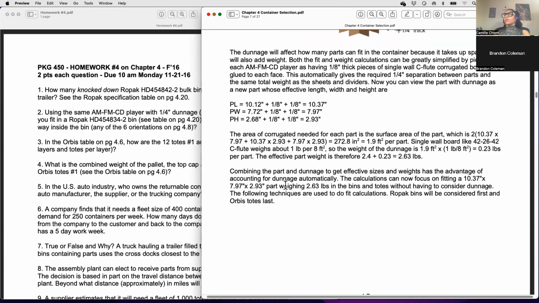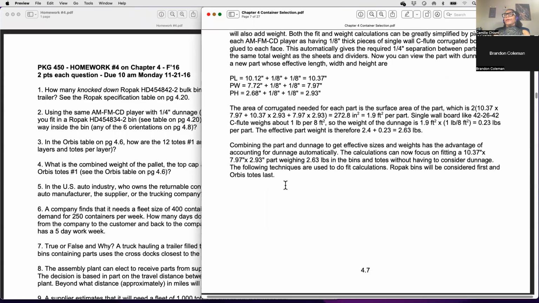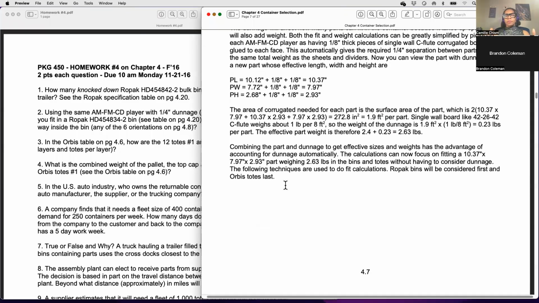And it also helps to understand what your dimensions are going to be, and to confirm that your part and your dunnage fits into that container. Sometimes, every once in a while, it might show up that maybe you can't fit the part and the dunnage in there. Once you start determining how much protection your part needs, you may have to back off a couple pieces. And sometimes you can go up.